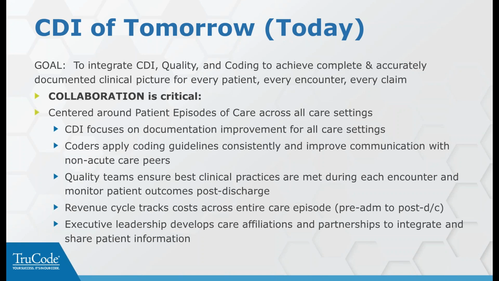So they've got to really have a focus of improving documentation across all those settings. Coders have got to be able to apply the coding guidelines consistently and improve communication with non-acute care peers. And quality teams have got to make sure that the clinical practices are following the measures and the guidelines during each encounter and monitoring the outcomes of the patients once they are discharged from the hospital.